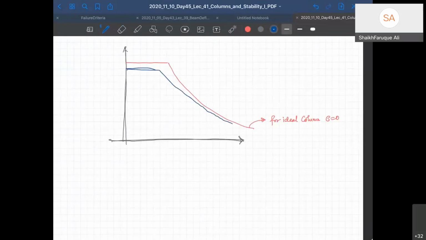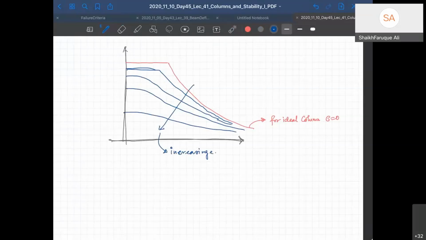Something like this, and then this, like this, okay? And it can be like this also. So this is increasing E. This axis is your L by r ratio. So this is short column, and here this is long column.